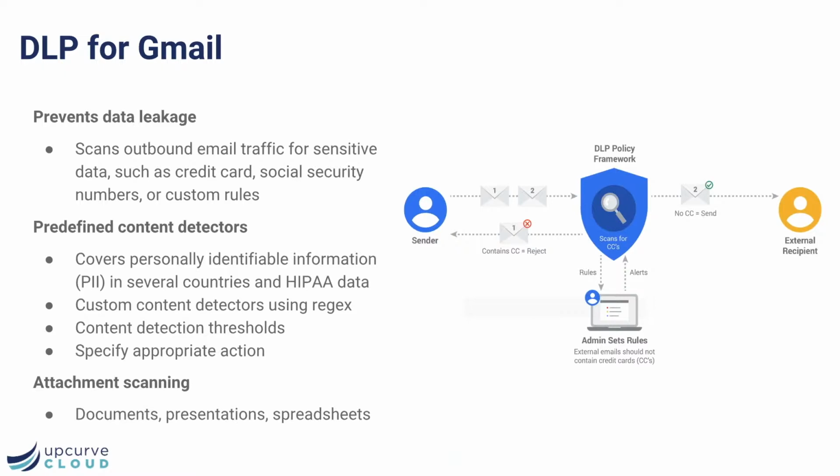If you're a hospital, maybe you use a term that's not part of the predefined detectors, but it does allow the setting to say, if somebody tries to send this email with this content, please flag it. So you can specify the appropriate action to take if an email has been flagged inappropriate or unsecure.